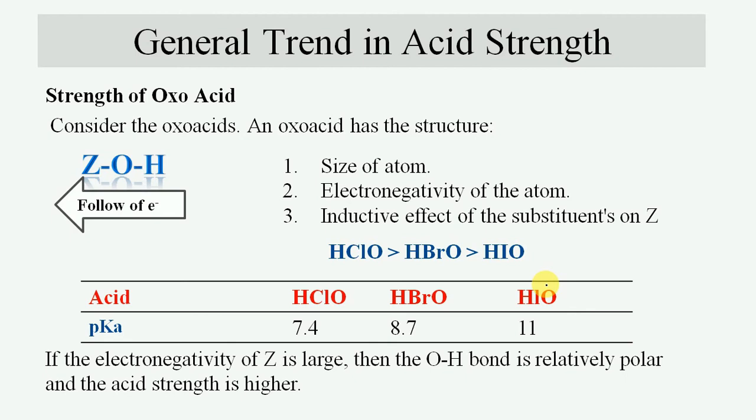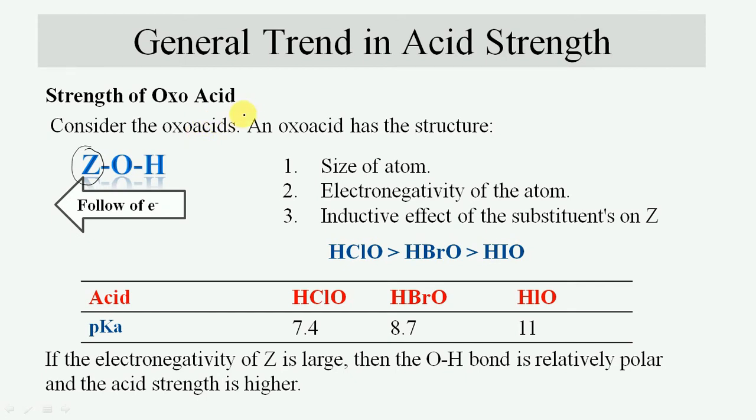Then oxoacids. Let us consider an oxoacid. An oxoacid has the following structure. In this case, oxygen is bonded with an atom that is represented by Z, and this Z atom determines the acidity of the compound.